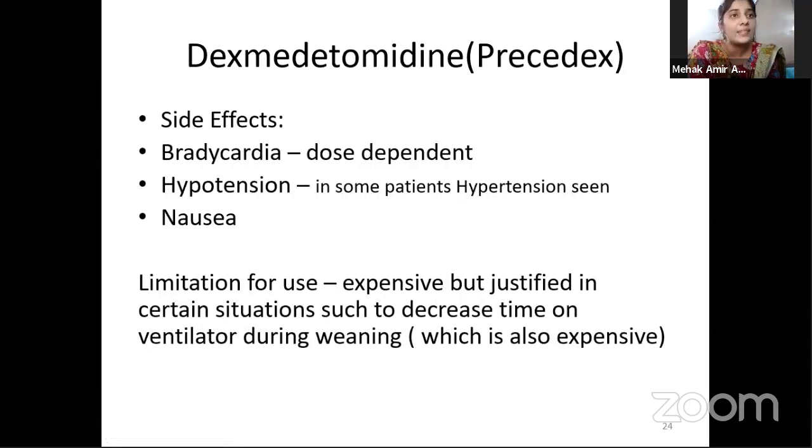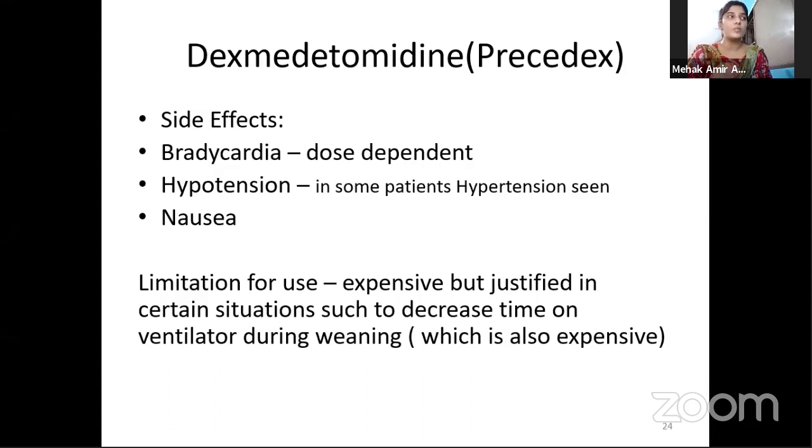So, as you can see, the side effects include dose-dependent bradycardia, if the doses are higher. Hypotension is there, but in some patients, hypertension is also seen, as well as nausea and vomiting, so you have to give antiemetics if nausea is there. The limitation for the use is that the drug itself is very costly. The infusion is very costly.